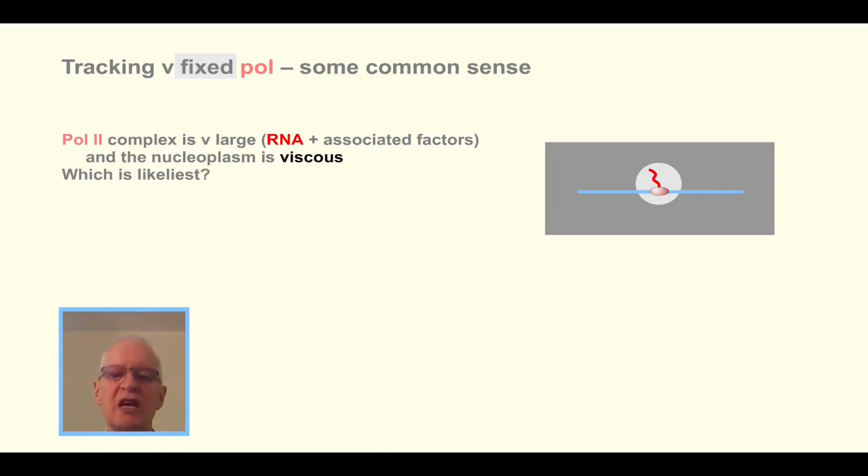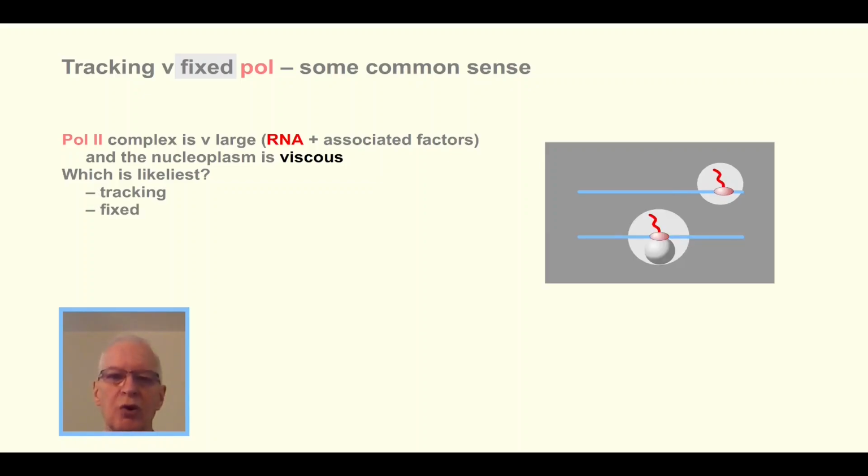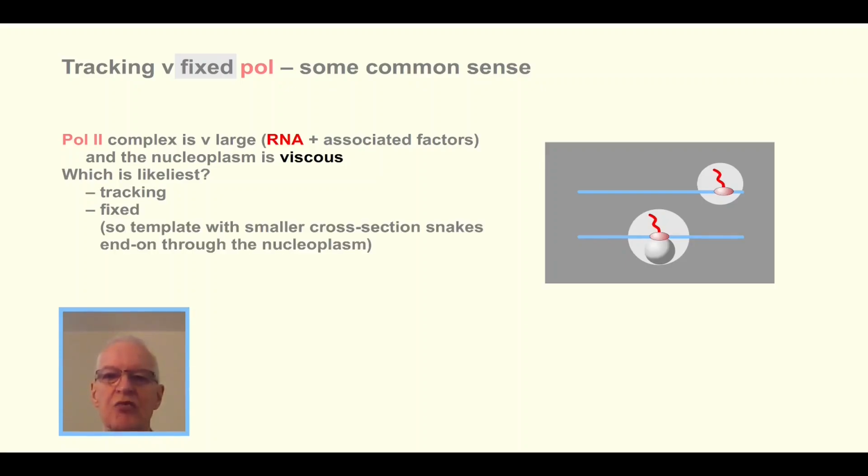So which do you think is the likeliest? That enormous structure tracks through the glue, or that enormous structure is stationary as it reels in the template, so that the template, which has a much smaller cross-section, can snake through the glue, which we suggest it does.